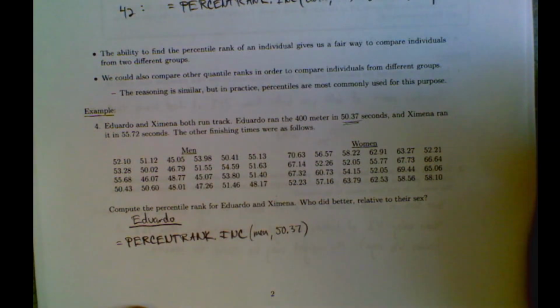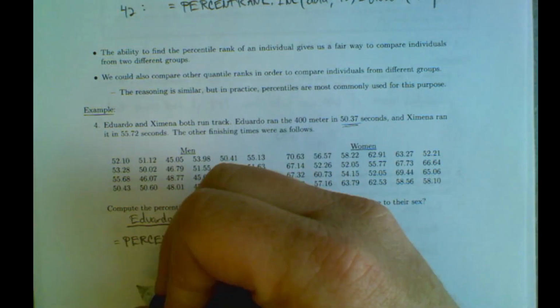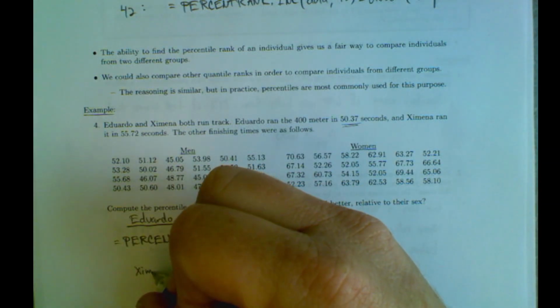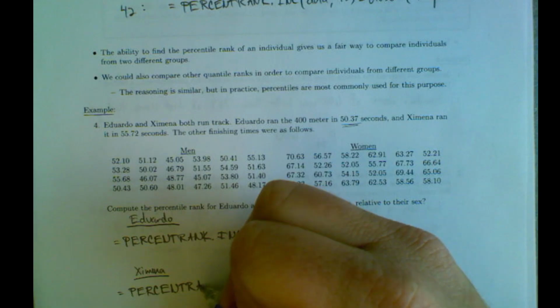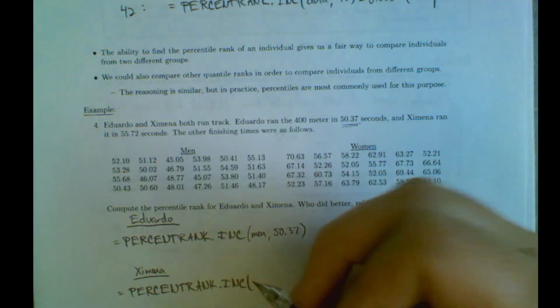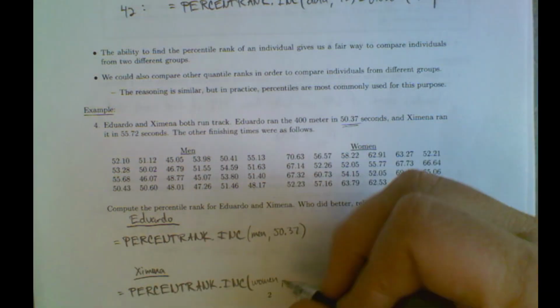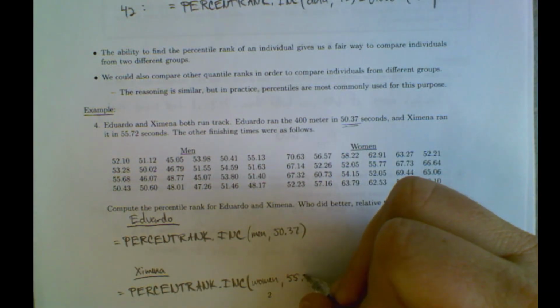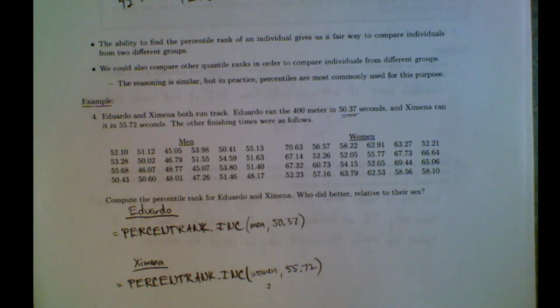We'll see what we get for Eduardo, and for Jimena I'm going to do a similar thing. For Jimena, I'm going to select the women, and then I'm going to put in her finishing time, 55.72 seconds. Let's see what the percent ranks are for these two individuals.